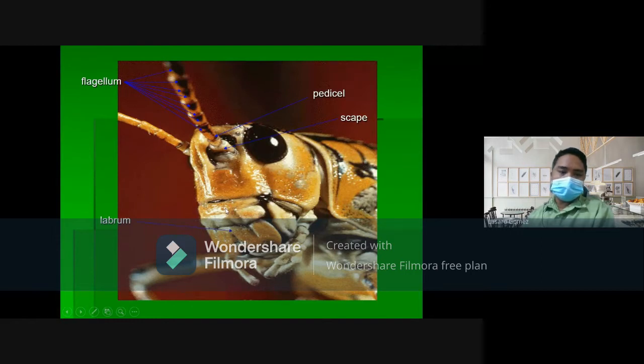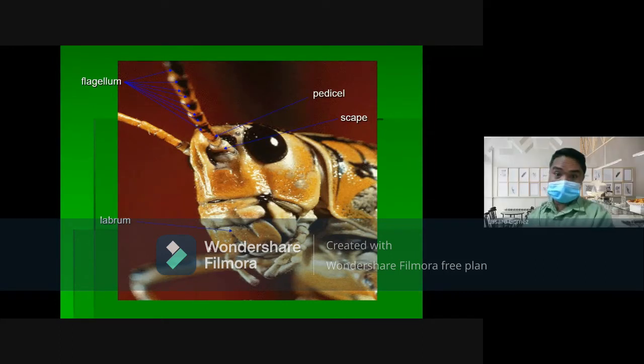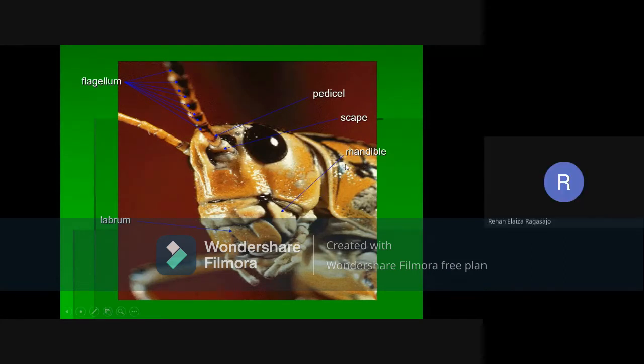Okay, we also have here the labrum. The labrum is located beneath the clypeus of an insect. Okay, the jaws, or what we call the mandible, the mandible of an insect.